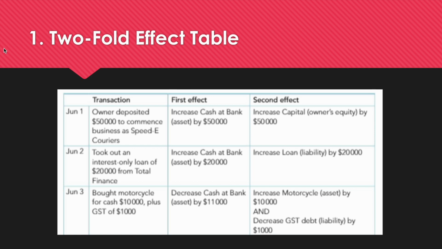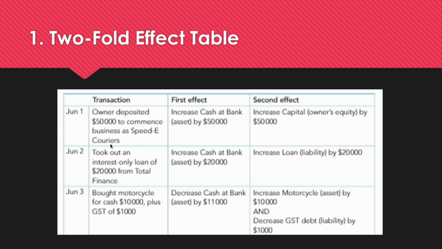So the first effect would be, of course, since the owner deposited cash of 50K, of course that's an effect for the bank, but not accounts receivable or accounts payable. So the second effect would be an increase in capital, because of course it's a form of owner's equity, by $50,000.